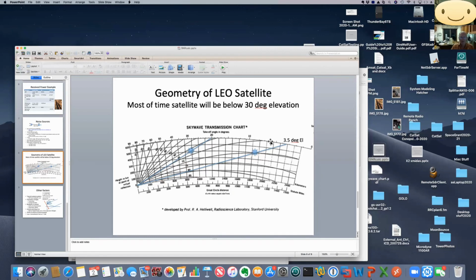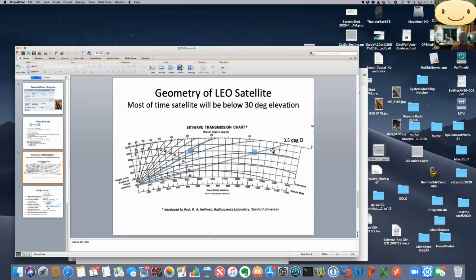So this comes over the horizon. As soon as it hits 6 degrees, you get a pretty good signal with occasional fades, but pretty decent signal until it goes beyond the horizon in the other direction.